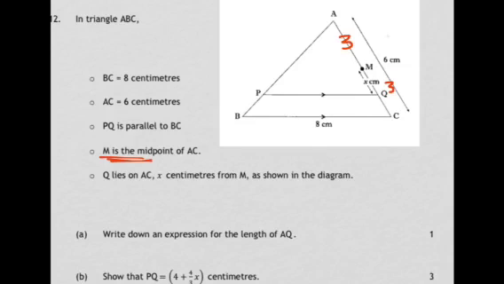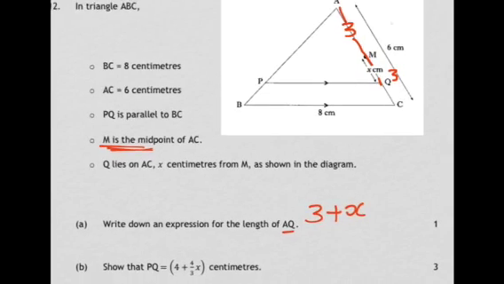So we have to write down an expression for AQ. AQ is all of this distance, so that's the 3 and then the x. So the distance for AQ is going to be 3 add x. So we'll get that to get started.